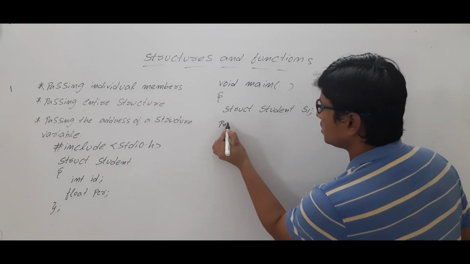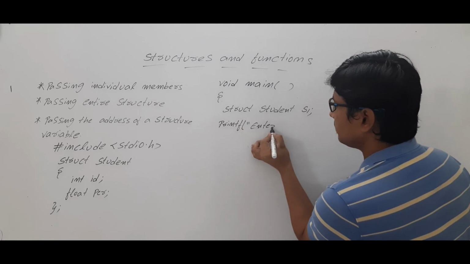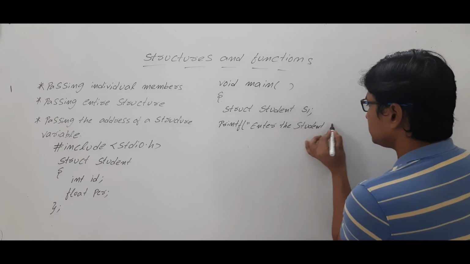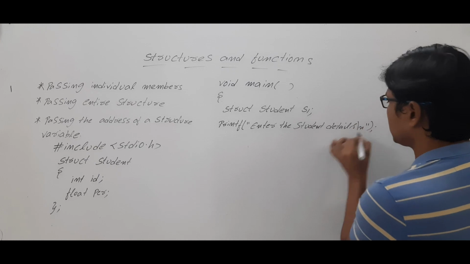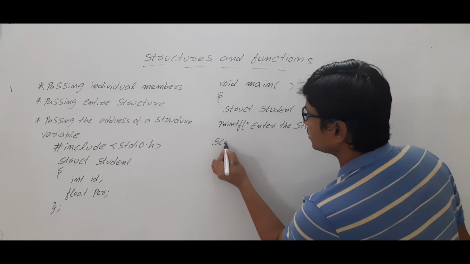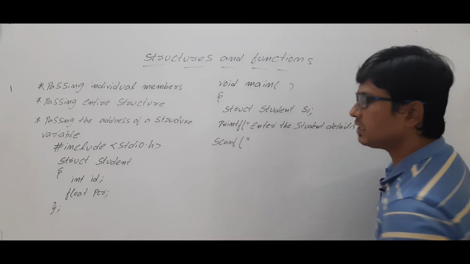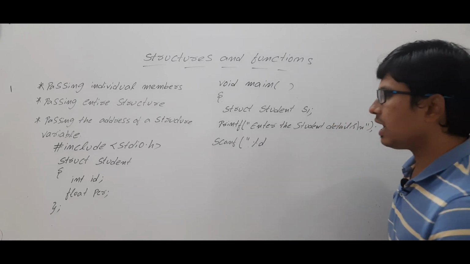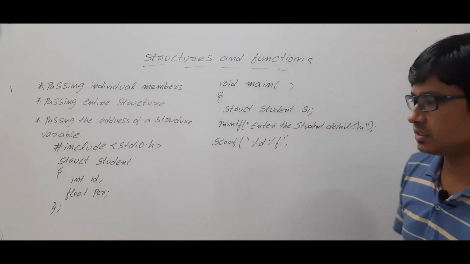First I will ask the user to enter the student details. Once the user has entered the details, I need to read those values using the function scanf. Now I need to read an integer, so I'm using the format specifier %d, and I want to read a real number, so I'm using the format specifier %f.